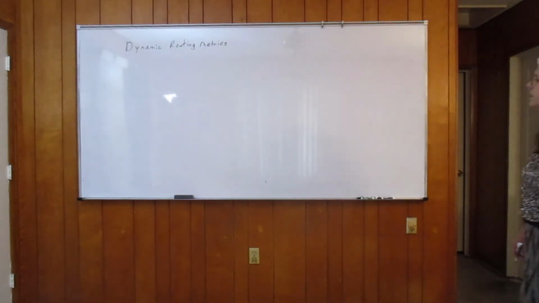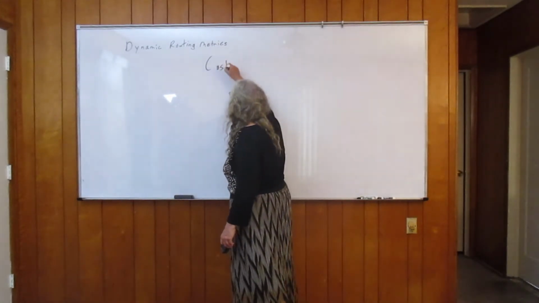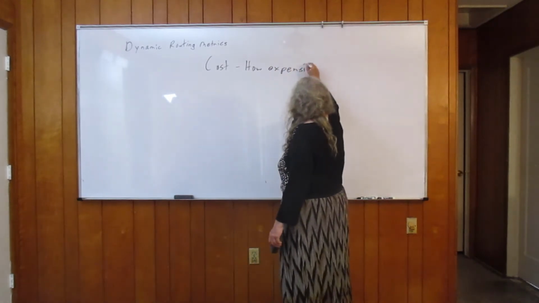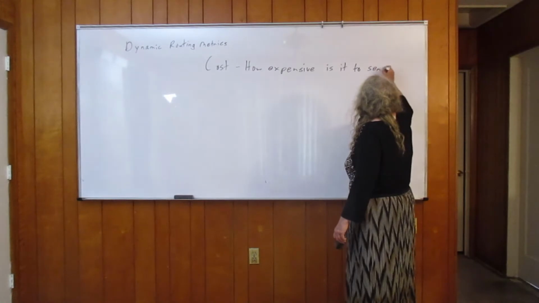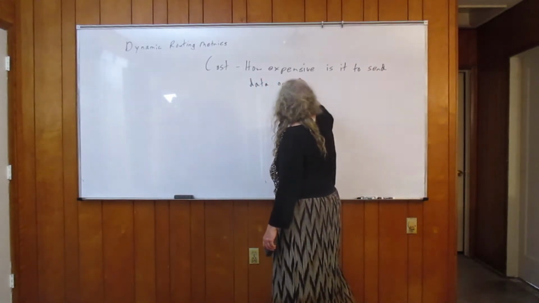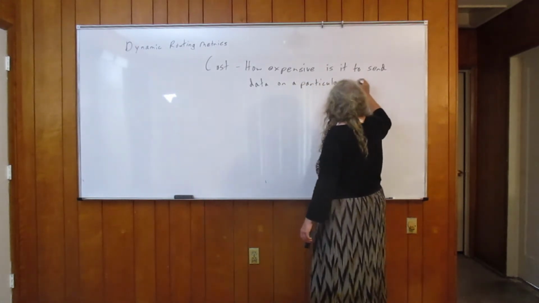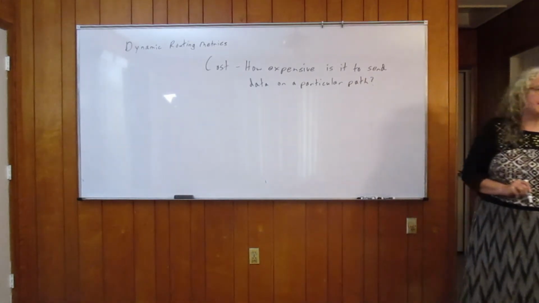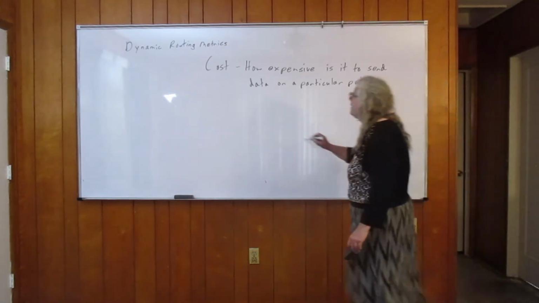Let's look at some other metrics. Cost: the cost to send data on a particular path. You'll see delay.